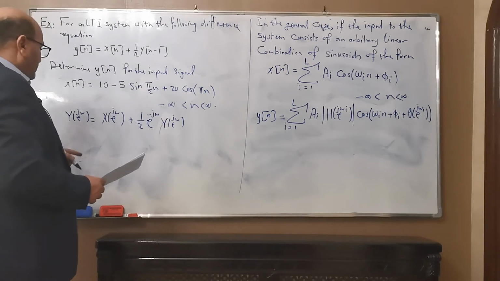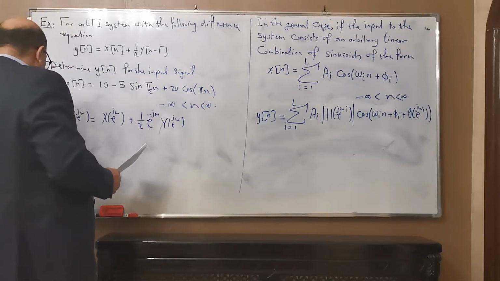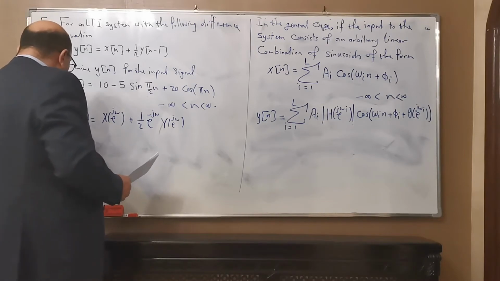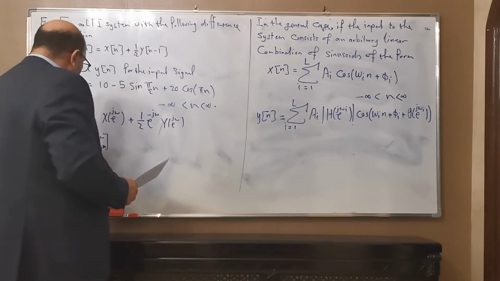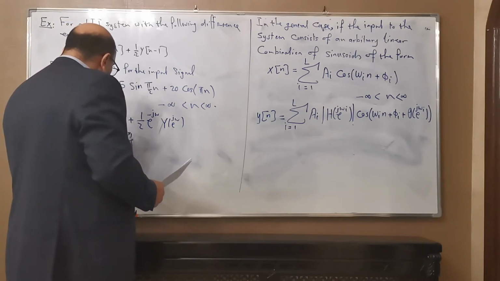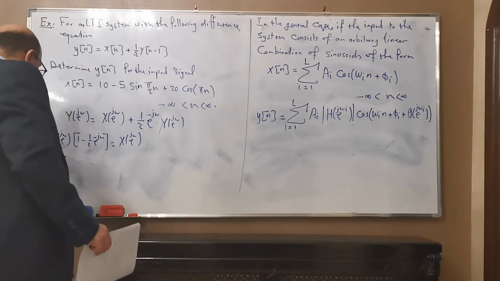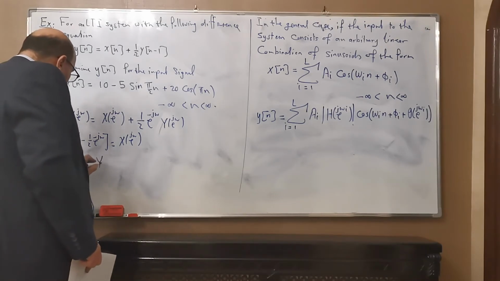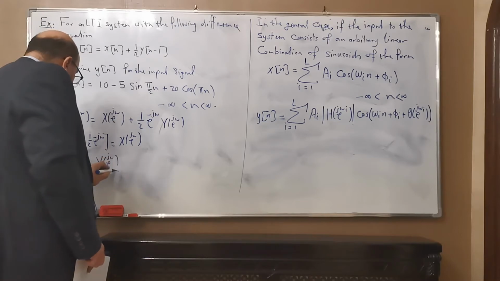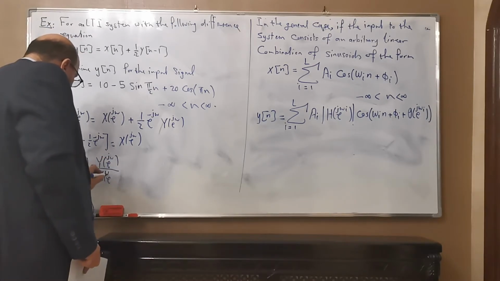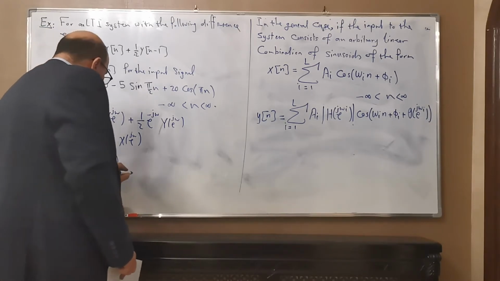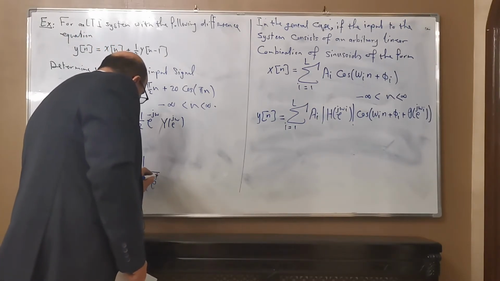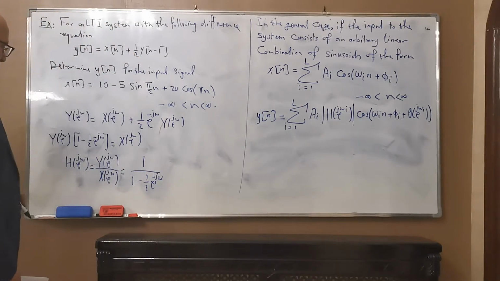Take this one to the other side, so you have Y(e^jω) times (1 − 1/2 e^−jω) equals X(e^jω). So H(e^jω) equals Y(e^jω) over X(e^jω), and this is equal to 1 over (1 − 1/2 e^−jω).